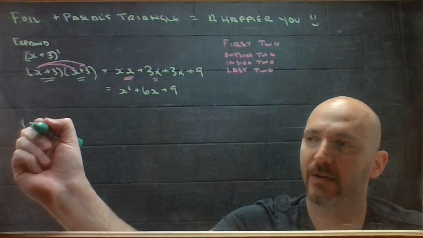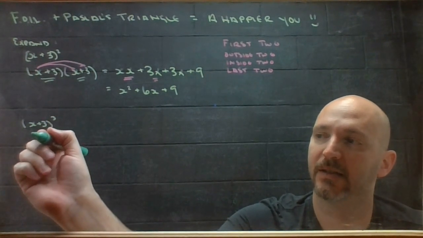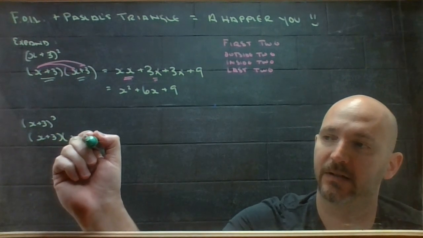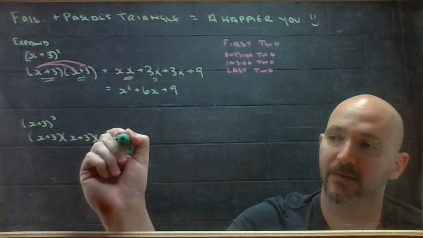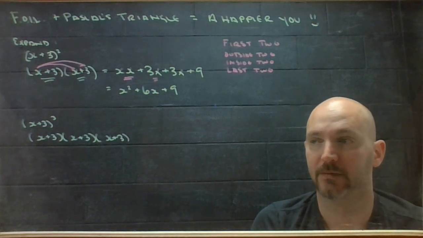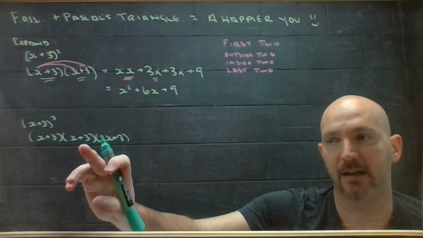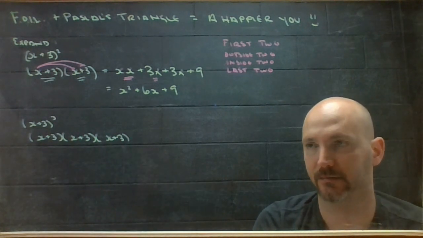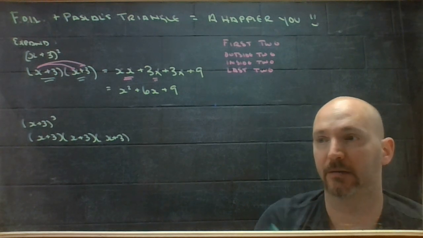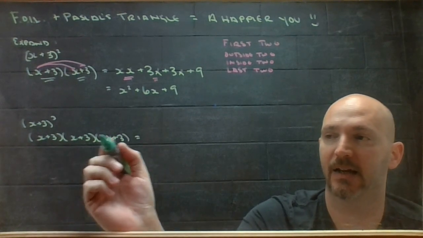If I try to do x plus 3 cubed, that means x plus 3 multiplied by x plus 3 multiplied by x plus 3. So I need all the combinations of taking something from here and here and here. Well, here we go. I could take the x with the x with the x.